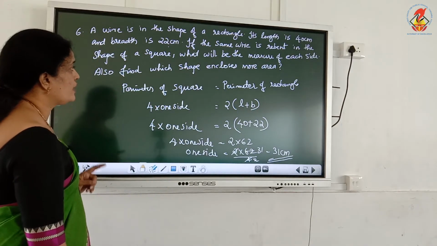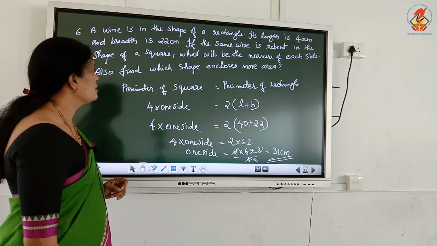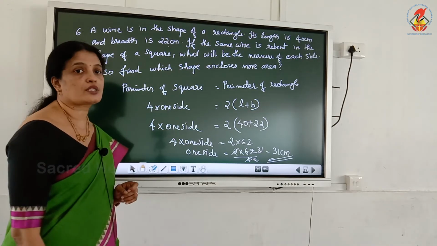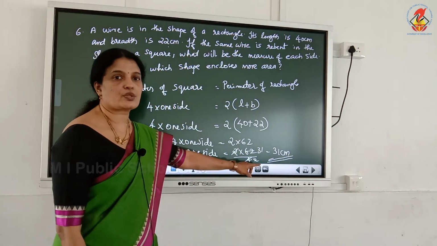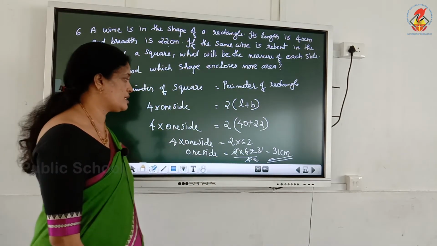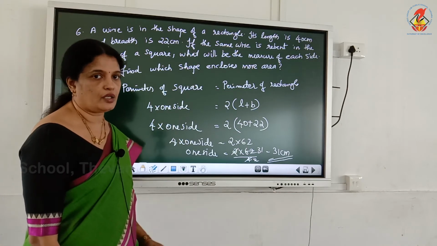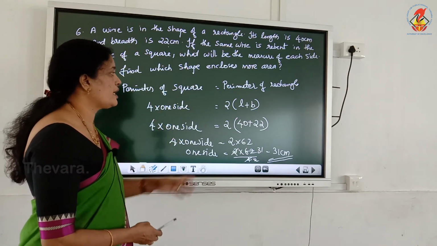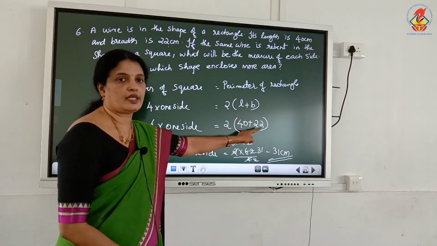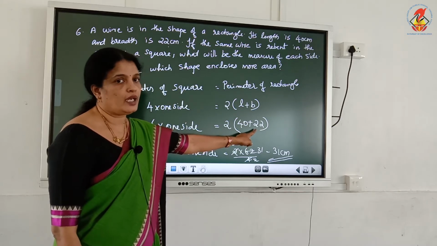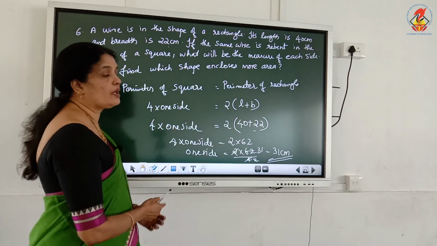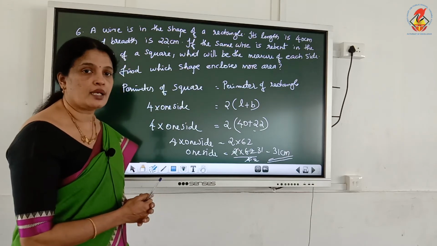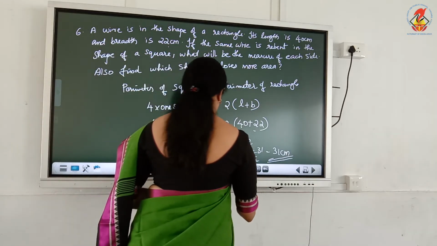We have to calculate one more thing. Find which shape encloses more area. We have to calculate its area also. Side of a square is 31 centimeter. Already given that length and breadth of the rectangle are 40 and 22. You can calculate the area of rectangle also and then compare which shape encloses more area.